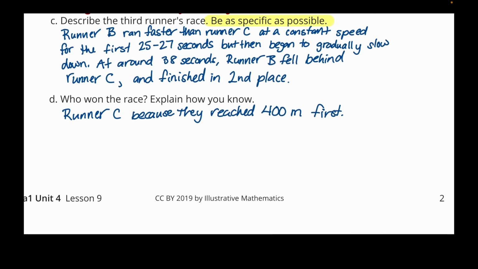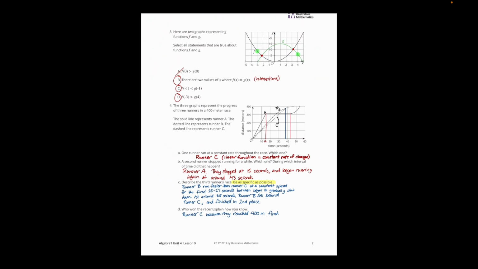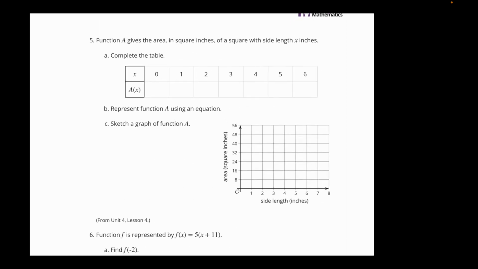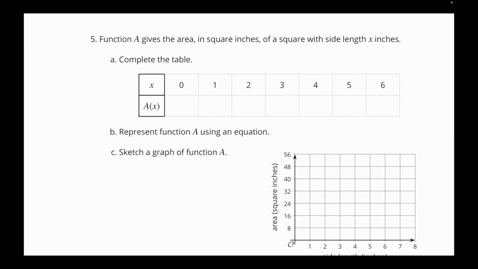Okay. All right, let's keep going. We have some more problems here. Function A gives the area in square inches of a square with side length of x inches. So complete the table.